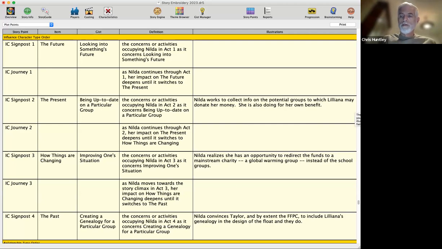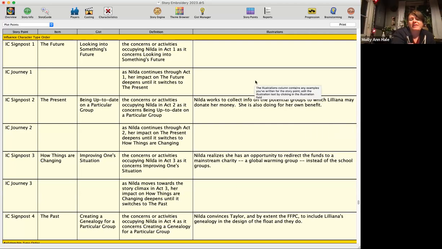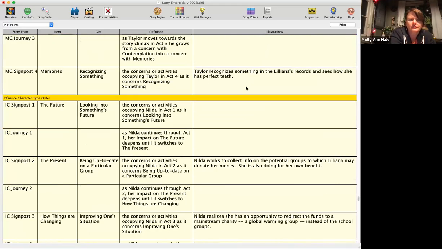Molly-Ann? We'll stay here. Looking at Journey 1 right above there, as Nilda continues through Act 1, her impact on the future deepens until it switches to the present. So I'm thinking Nilda, right, because she has these premonition dreams.